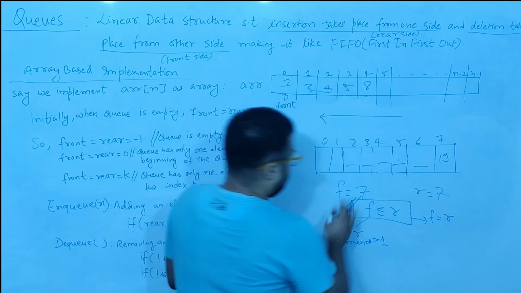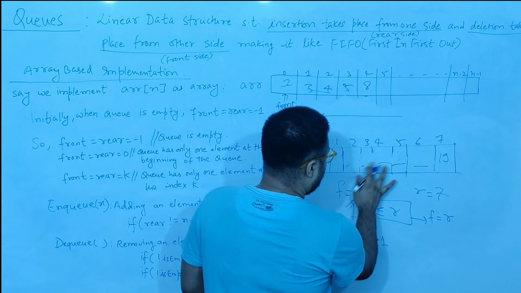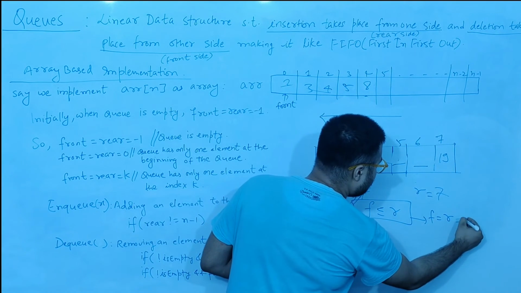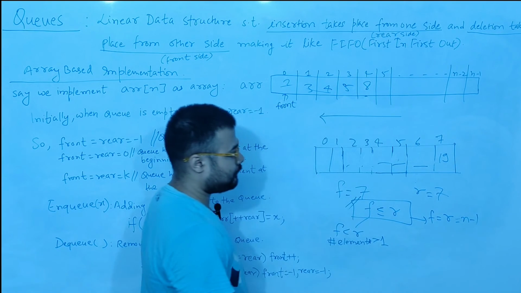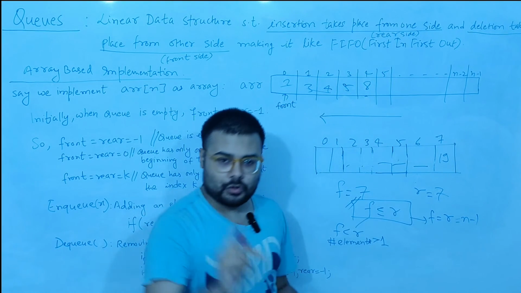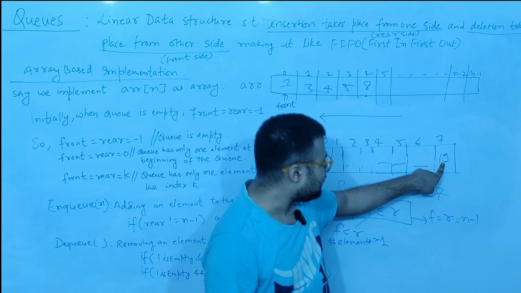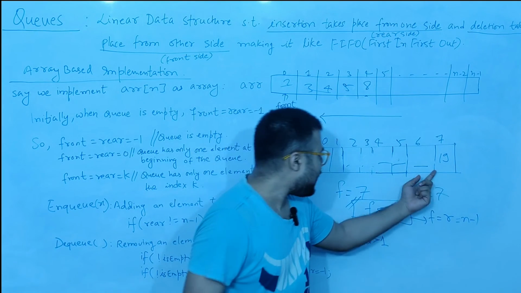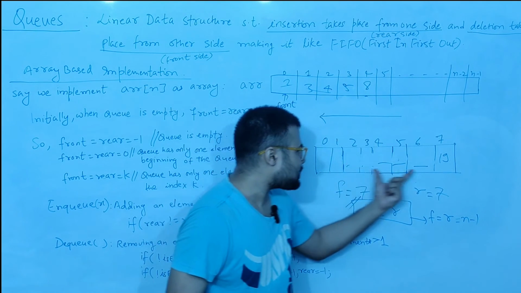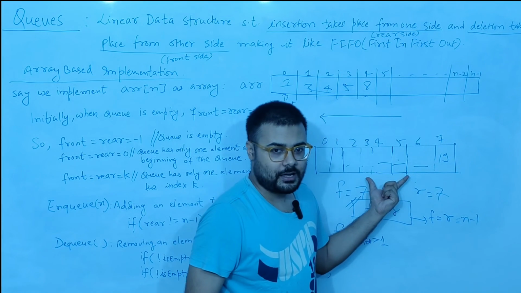Look at this. What if your front is equal to rear and this is equal to n-1? It means that you have only one element, and that is here. Now you have all these cells of the array empty, nothing is there.